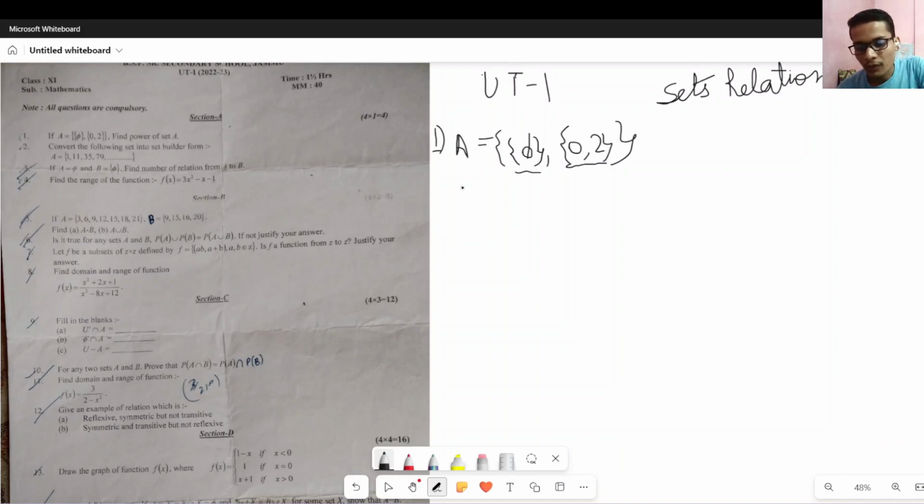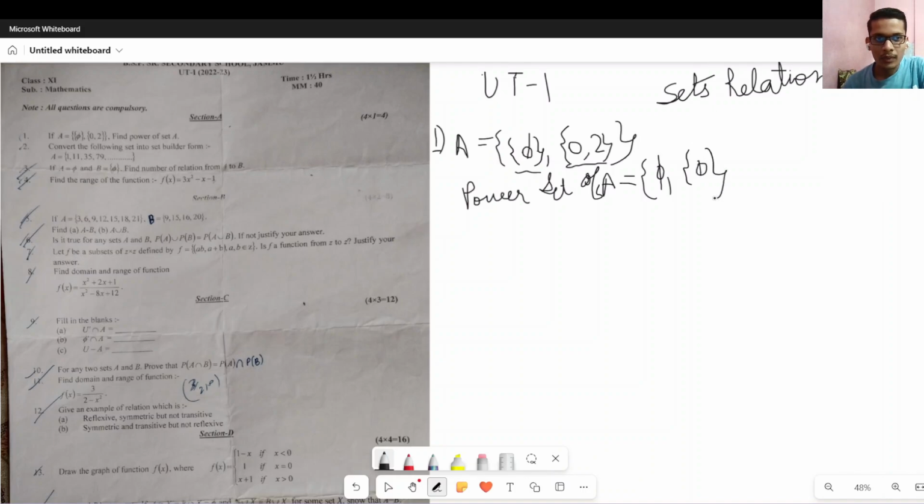Now the power set of A is defined as the set of the subsets of set A. What I said just now: the set of the subsets of the set A is called the power set of A. Now see how we can write the power set of A. The first one is the empty set, because we know that the empty set is a subset of every set, and the next subset will be curly braces 5.